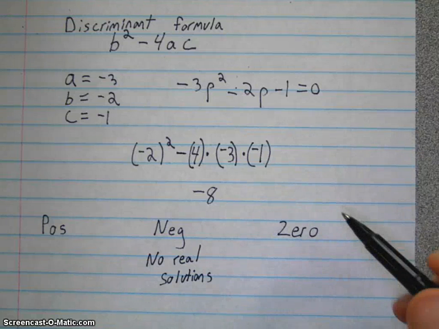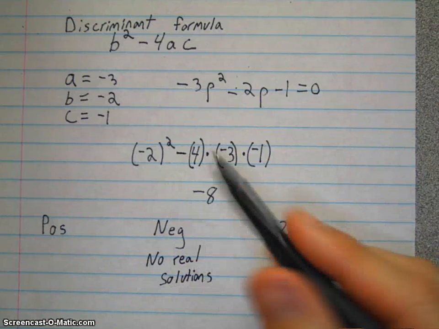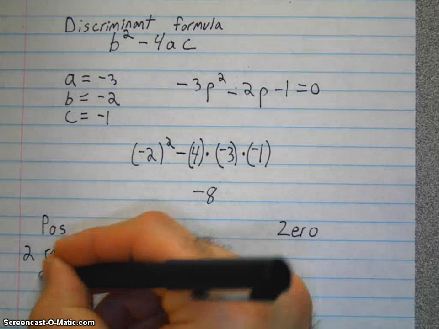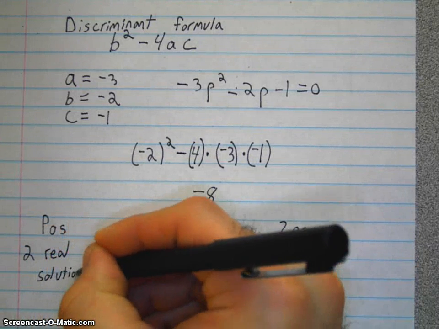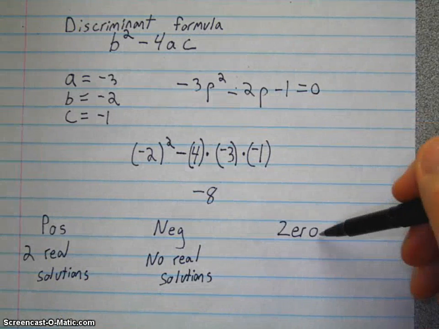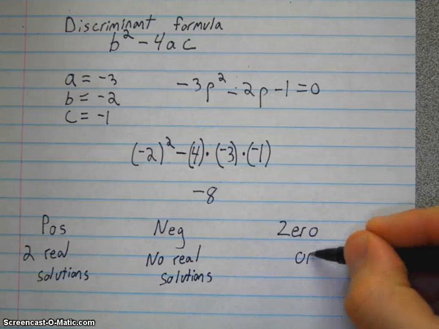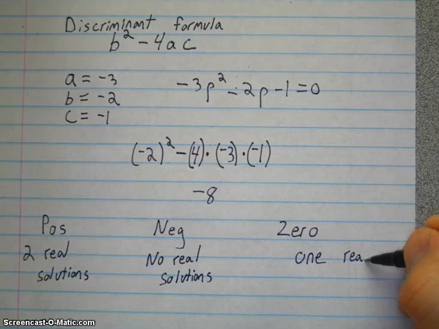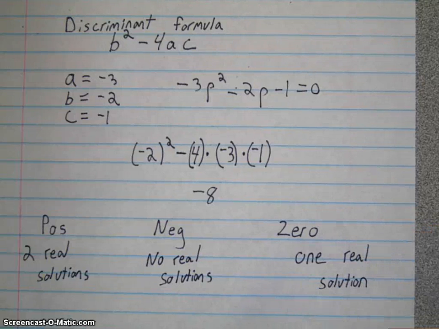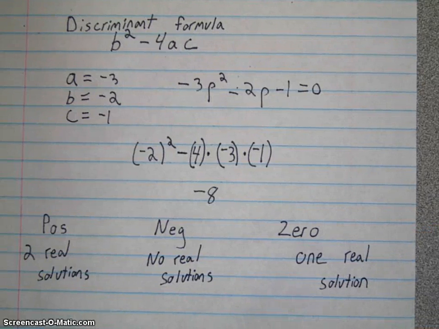If my discriminant is positive, I'm going to have 2 real solutions. If my discriminant comes out to equal 0, I'm going to have 1 real solution. So let's talk about what that means.